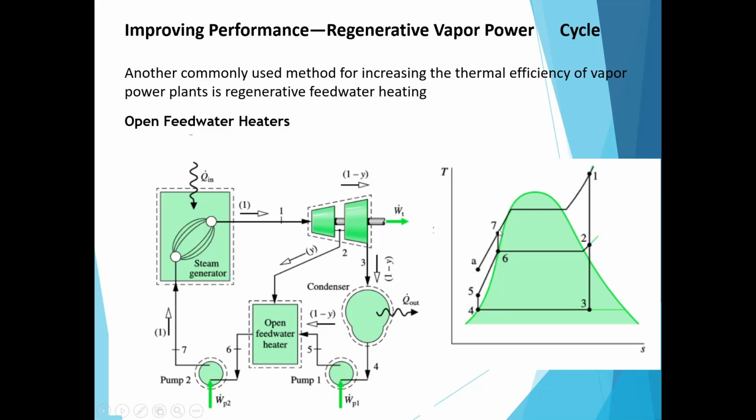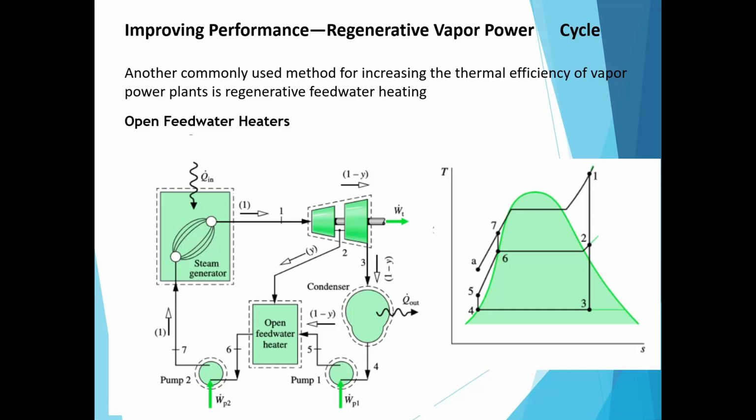Before entering the boiler, we use an intermediate device we call feed water heaters, to heat things up and then feed into the main boiler, right? We heat it using the steam generated from the boiler itself.